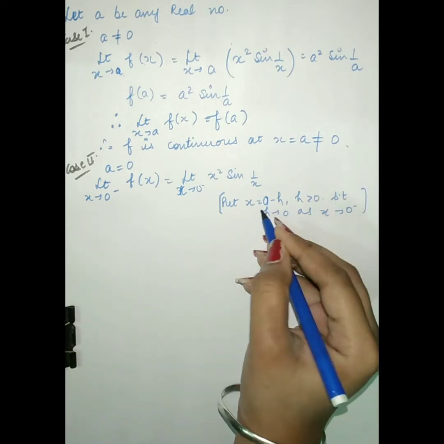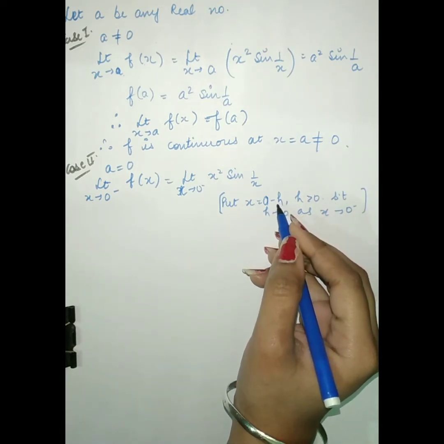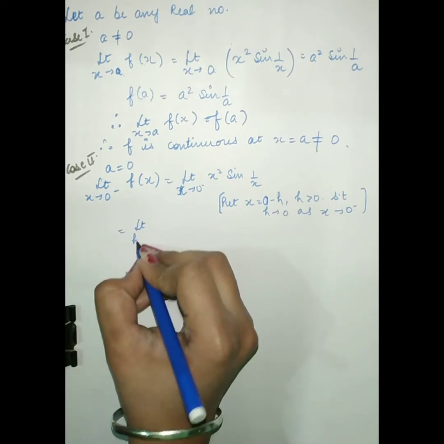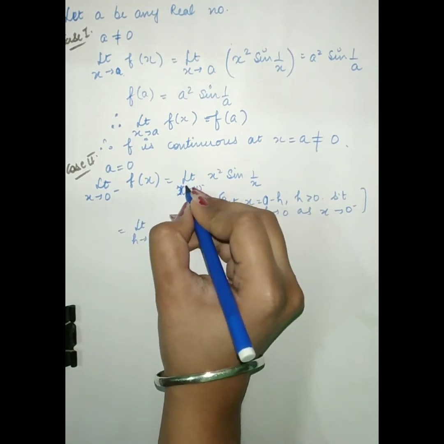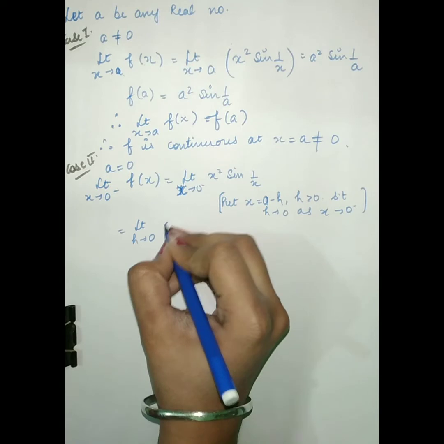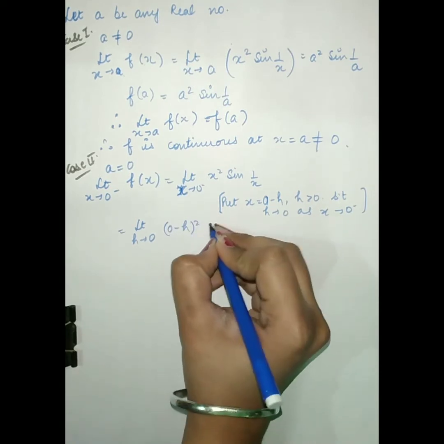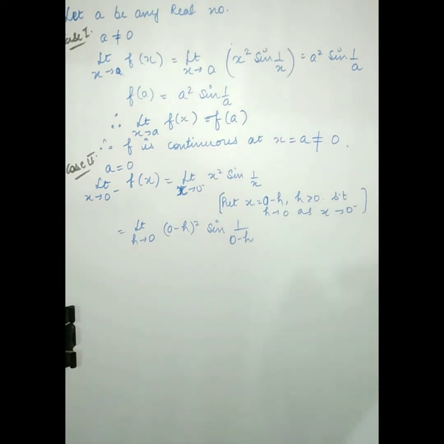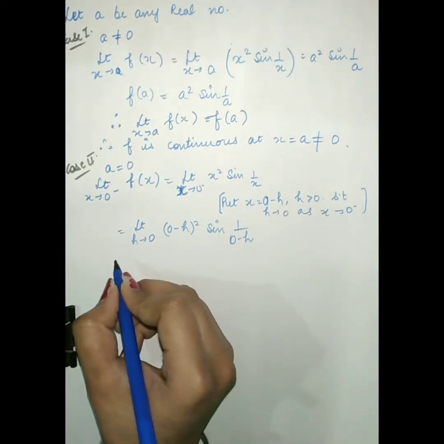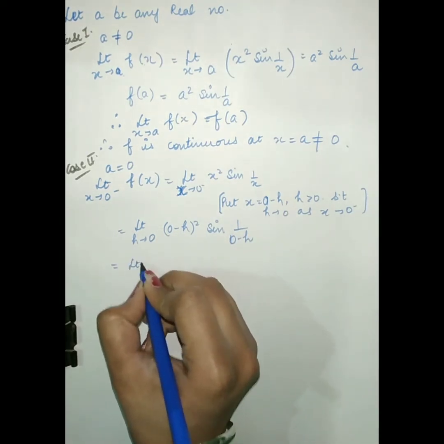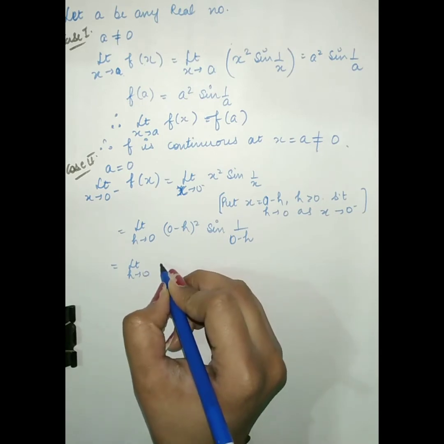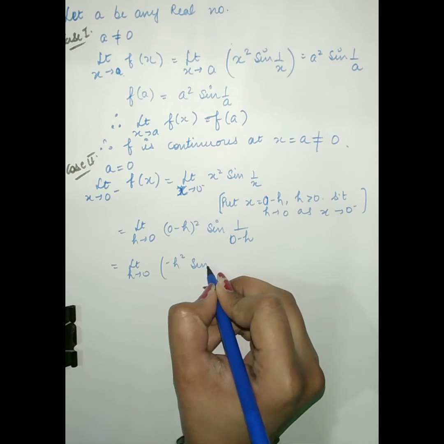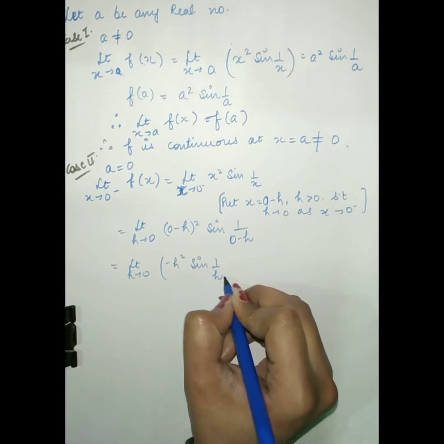Now we put the value of x, 0 minus h, in this. Then it becomes limit h approaches 0 of 0 minus h whole square sine 1 upon 0 minus h. Then it becomes limit h approaches 0 of minus h square sine 1 by h.